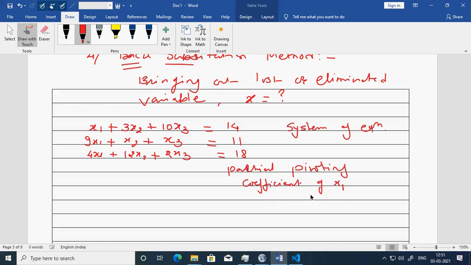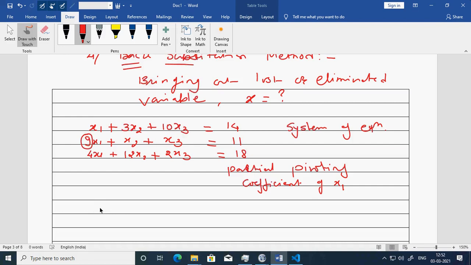That is always the case because it is partial. In case of full pivoting, we find out which is the maximum and then process it accordingly. But since this is partial, first we find the maximum coefficient of x1. I can see this 9 is my maximum coefficient of x1.